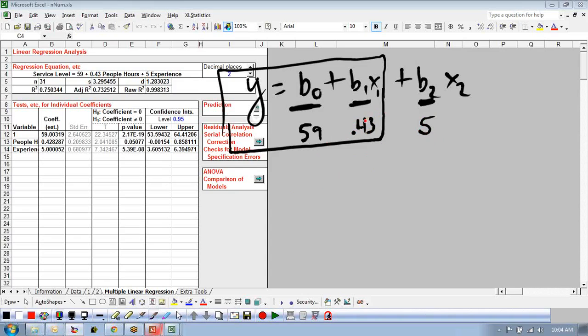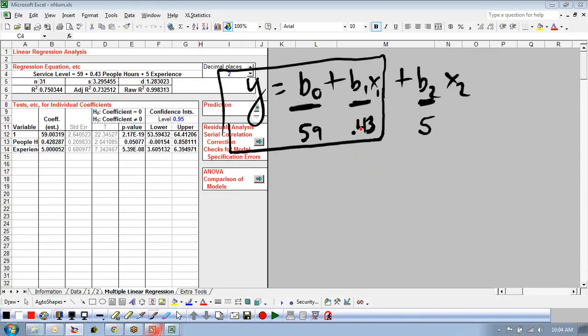So what this means is that we can predict service level by starting from some default level, right? It's just sort of the default level. If I had no information, I'd just say, yeah, maybe it's 59. But if we added people, for every person hour that we add, we bump that estimate up by 0.43.